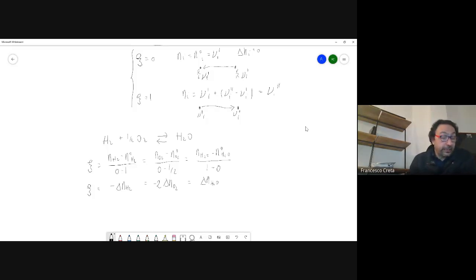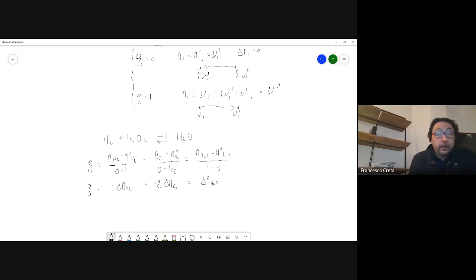So as Xi increases, the number of moles of reactants decreases and the number of moles of products increases.